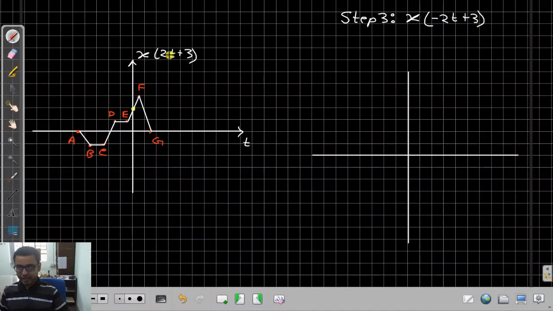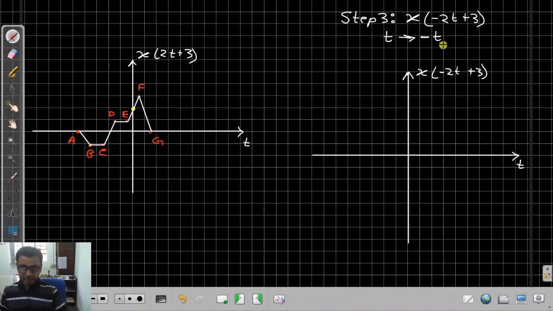So you see that here we have 2t and here -2t, which means t is replaced by -t. Okay, so x(-2t plus 3) versus time.